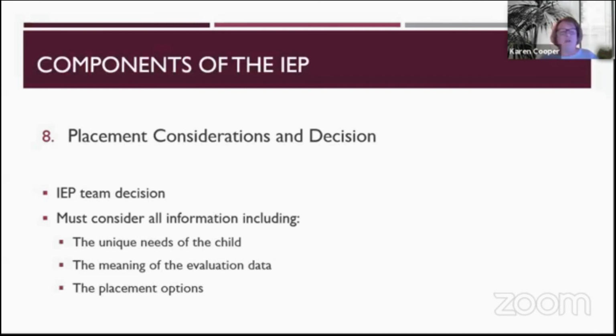Is that a setting that's appropriate for that child? We have to look at the meaning of the evaluation data, and we have to consider all of the different placement options, whether that be in the regular education setting 100% of the time, or a portion of the time, or if it's an alternative school or hospital setting or homebound.